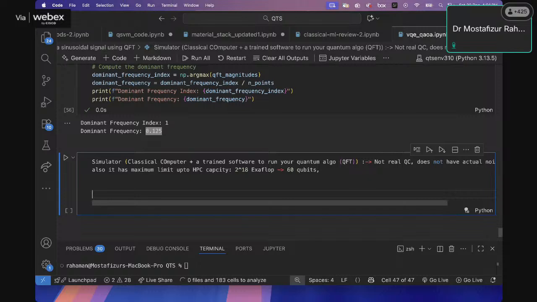Now, if you are running on the hardware, the hardware has noise behavior. You can see how hardware noise is impacting your algorithm. It can go beyond 100 qubits currently, so you can map large applications.